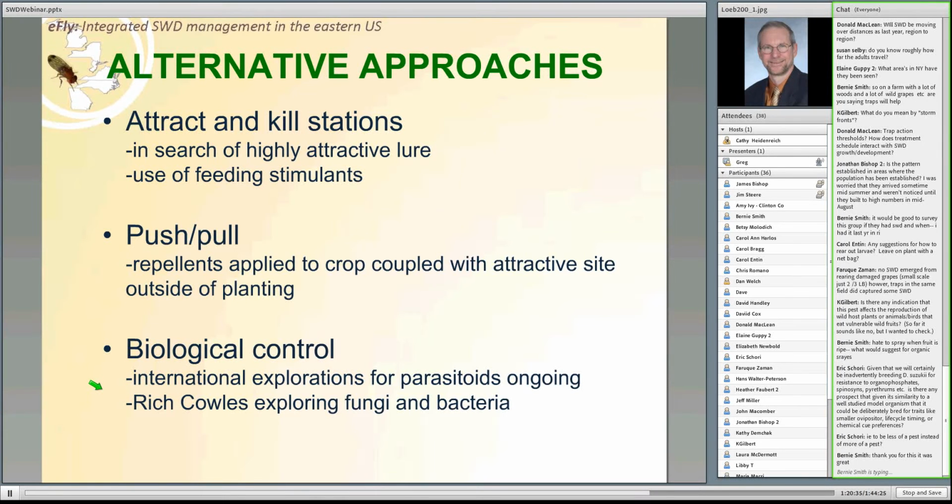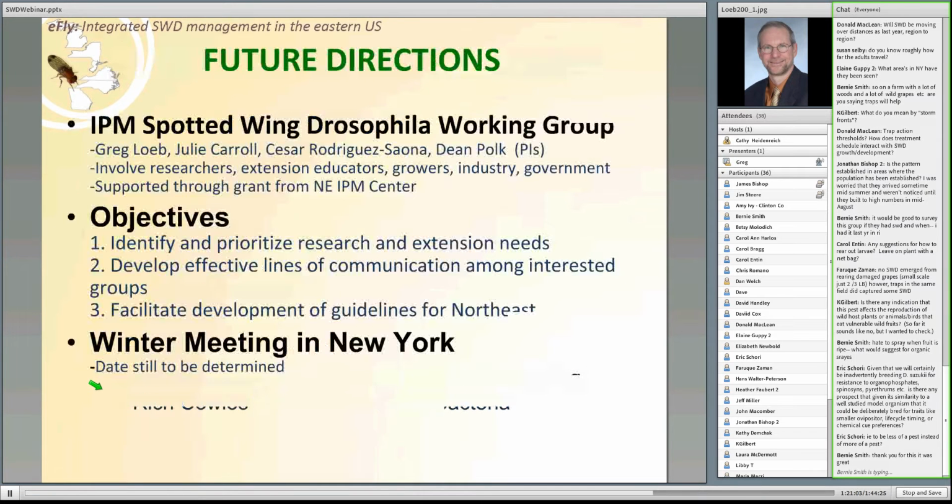On that grant with Rich, we also wanted to look at some ways to increase the effectiveness of insecticides using phagostimulants. I didn't list this here, but Rich has shown that, like a lot of other flies, they're stimulated by sugar and some other things to feed, and that maybe we can combine sugar with a toxicant and spray it on fields and utilize that to enhance the efficacy of these insecticides and perhaps drive these populations down to really low levels. So there's things coming that I hope will be helpful.